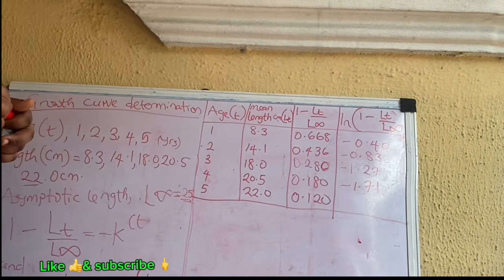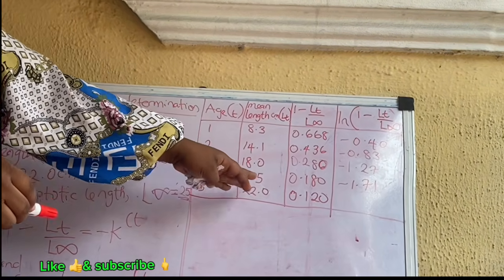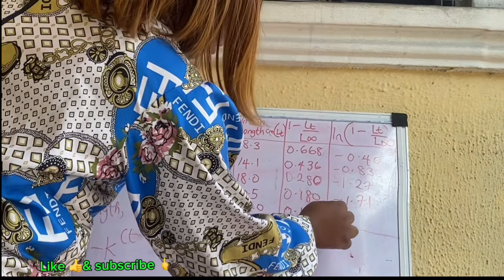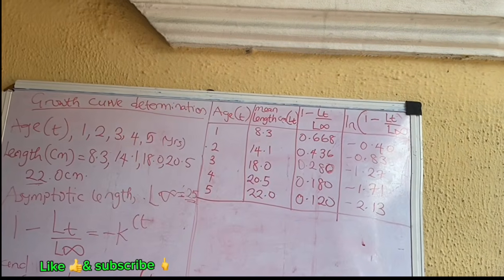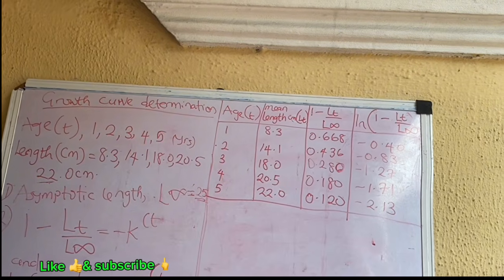The ln of 0.120 gives minus 2.13. This is just what you have to do.